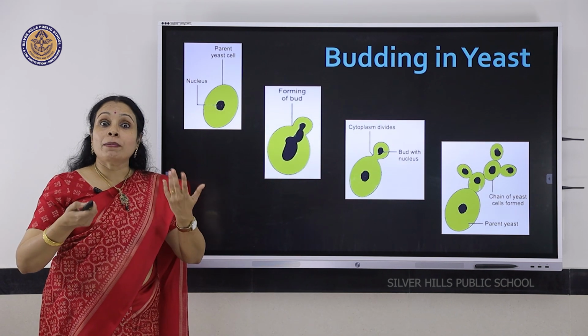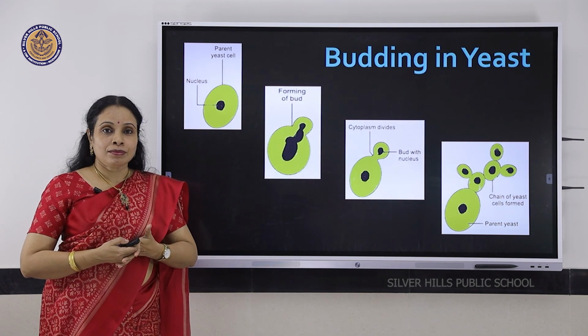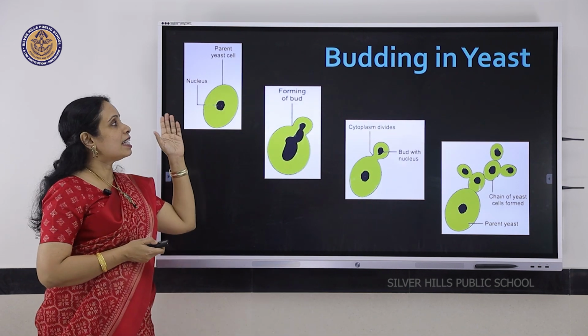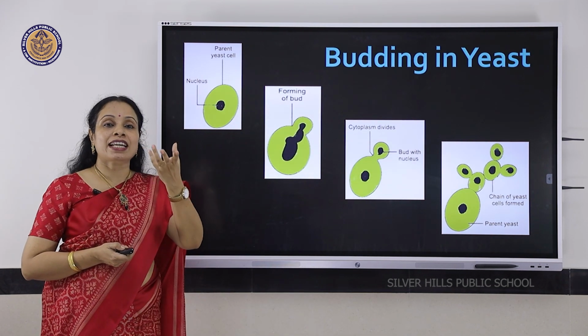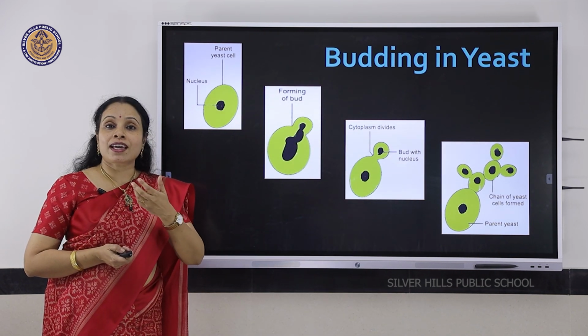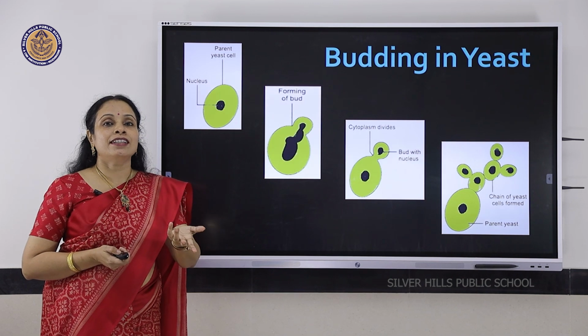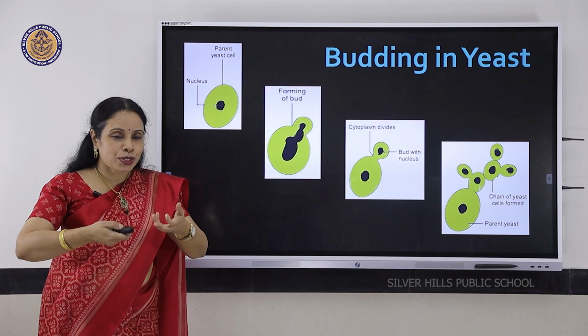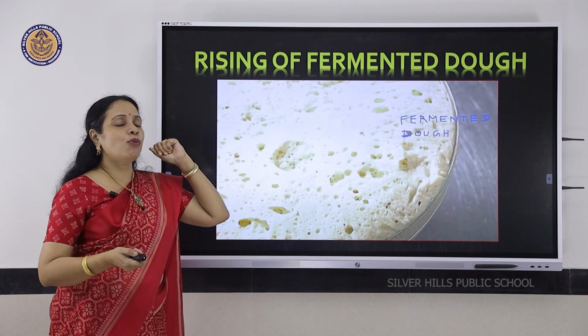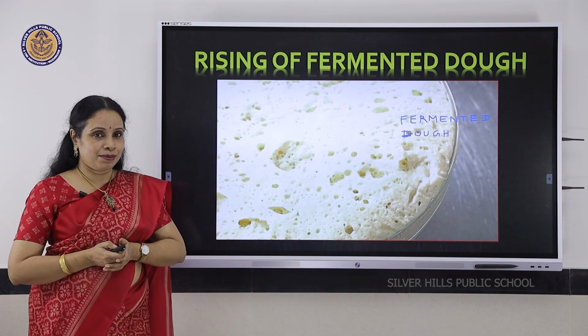They keep on multiplying, and during that process they are also respiring, liberating carbon dioxide, which is trying to escape through the dough. So that is why the dough becomes fermented.